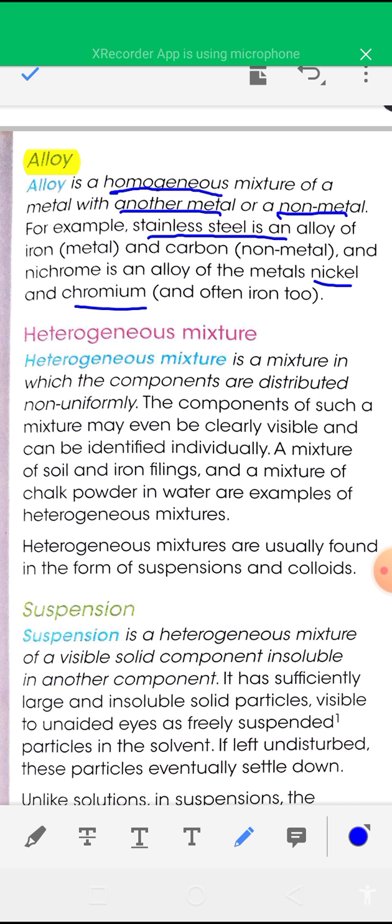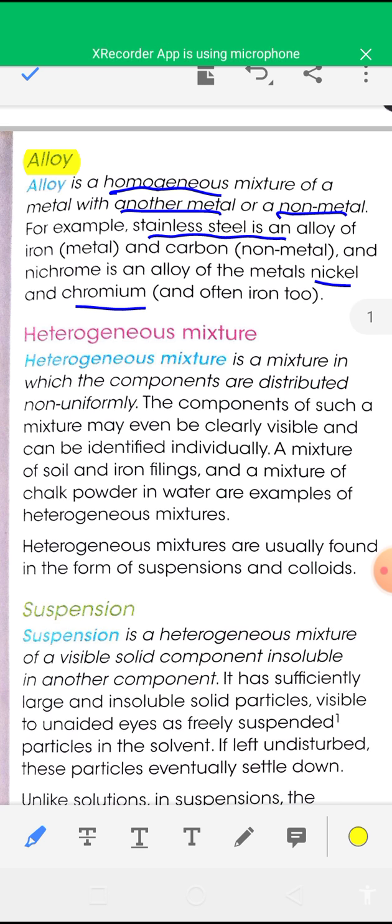An alloy is a homogeneous mixture, remember that.